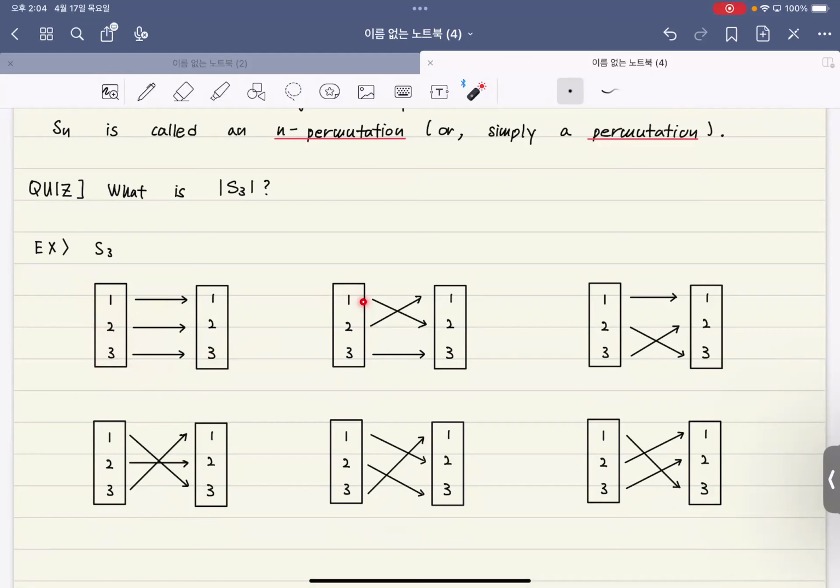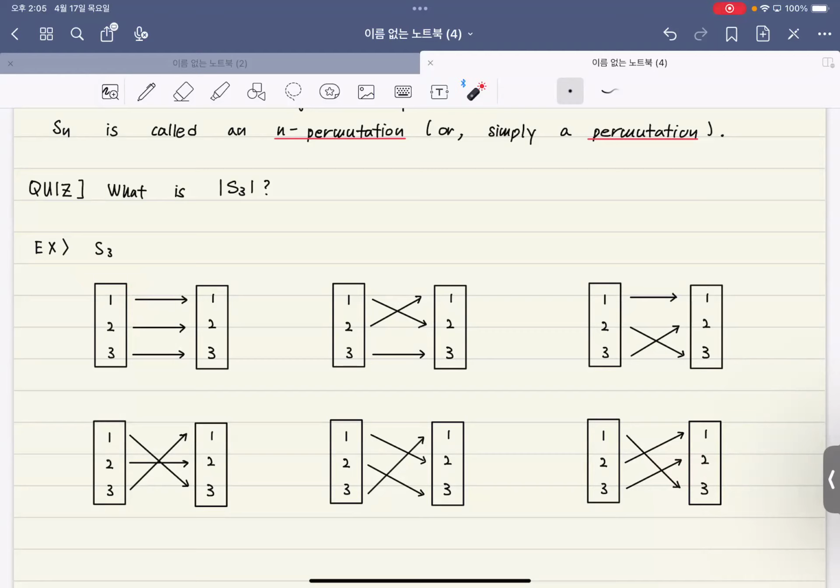The second one interchanges the first and second elements, this one interchanges the second and third, and this one interchanges the first and third. This last one is not exactly an interchange, but it is still a bijection. Because of this, you must have 6 different functions in S_3.